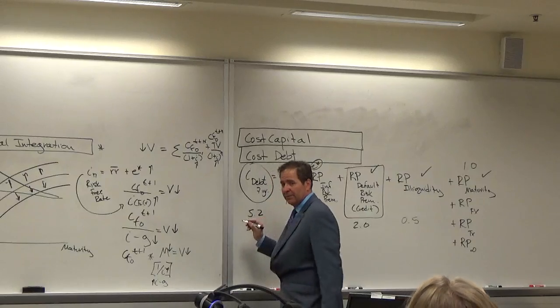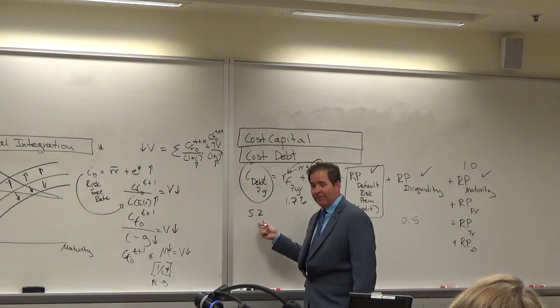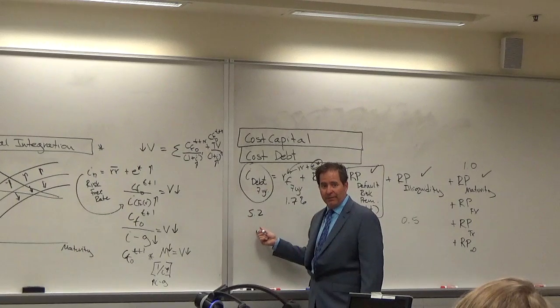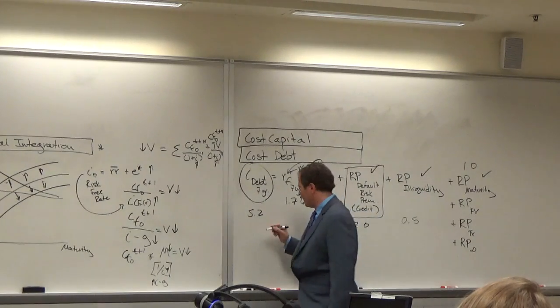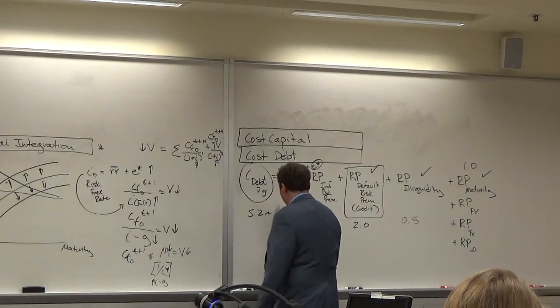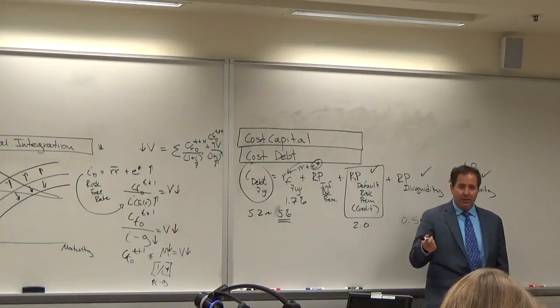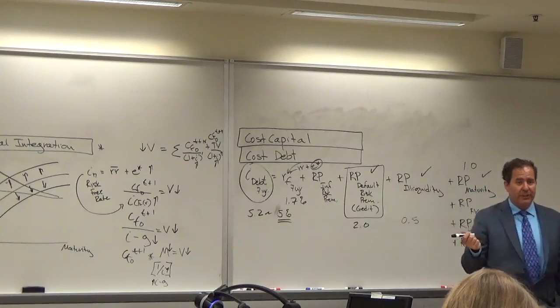Can I use 5, just to round to keep the math easy? Sure, yeah. Either I'm going to round it up to 5.5, or I'm going to round it down to 5. You tell me. 5. All right, 5%. What you probably want to do is go look at some 7-year IBM corporate bonds and see where they're yielding today.